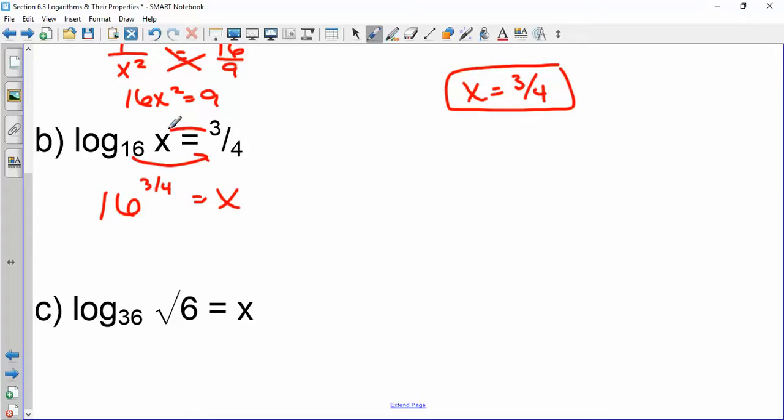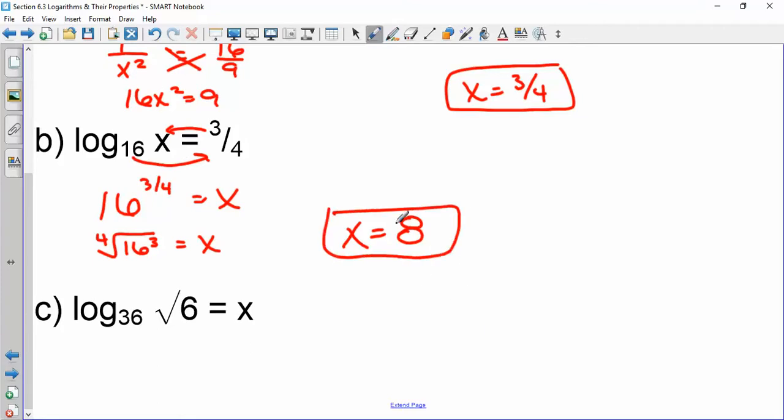This is one you could use your calculator. We could think about what it means. It's just saying the 4th root of 16 cubed. What's the 4th root of 16? 2. And 2 to the 3rd? 8. Or if you type 16 to the 3/4 power in your calculator, you get the same thing. Check, is that answer okay? Yeah, it's not going to give us a negative anywhere it shouldn't. So our answer is 8.